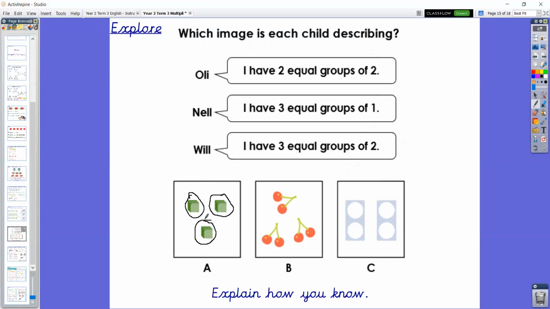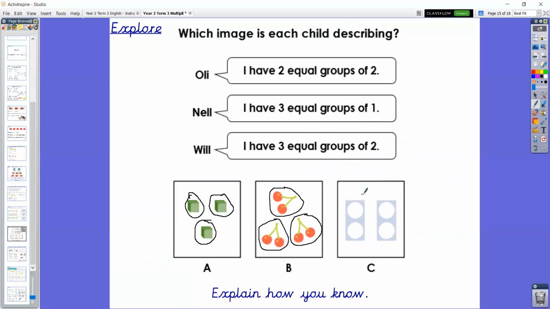So there are 3 equal groups in picture A. But Ollie says that he has 2 equal groups. Okay, let's have a look at picture B. There is 1 equal group, 2 equal groups, 3 equal groups. So it can't be B either.